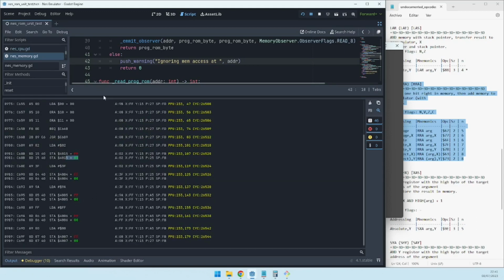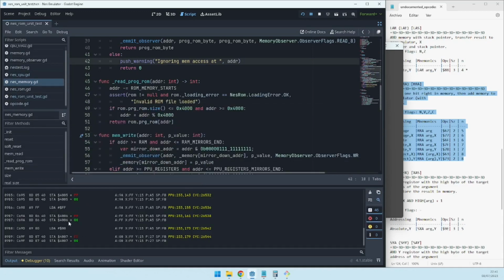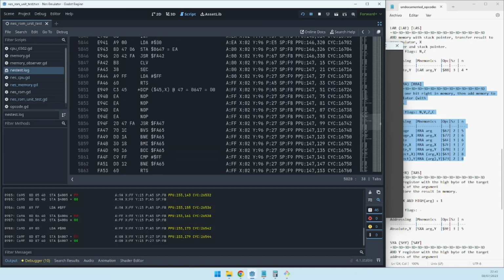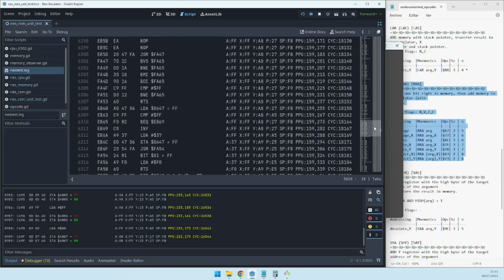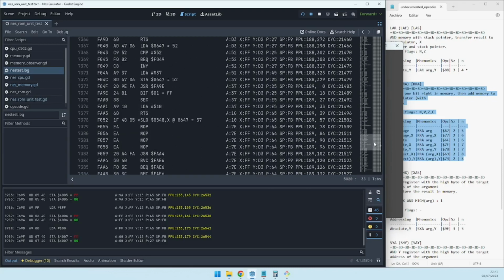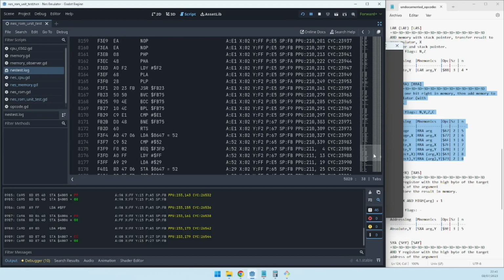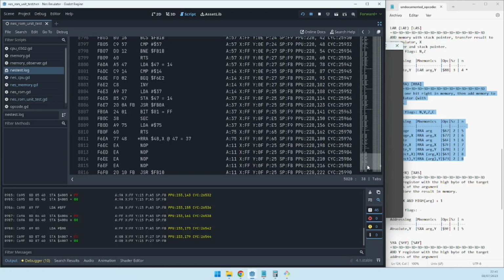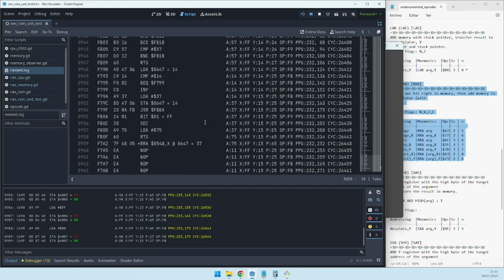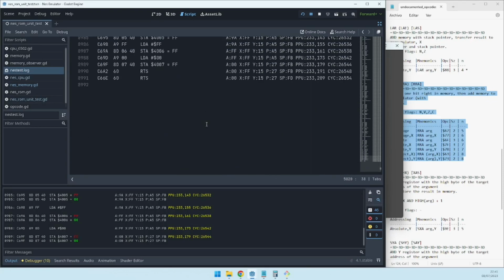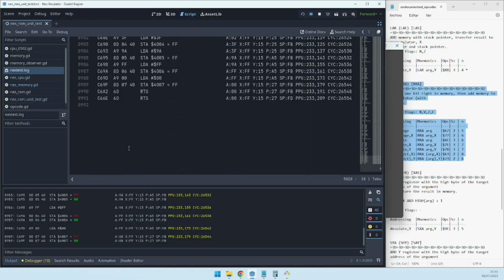Anyway, quick check. How far have we gone into the log file? We're in the 8,900, almost 9,000. Wait a second. We're almost there, actually.